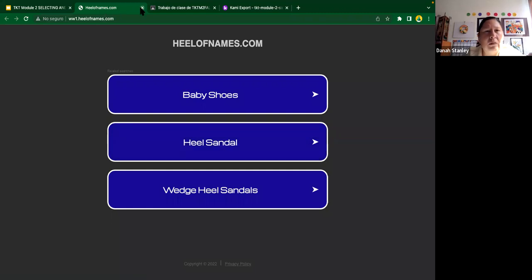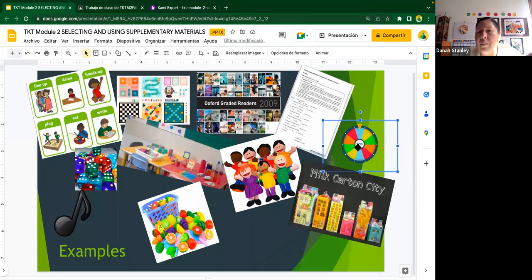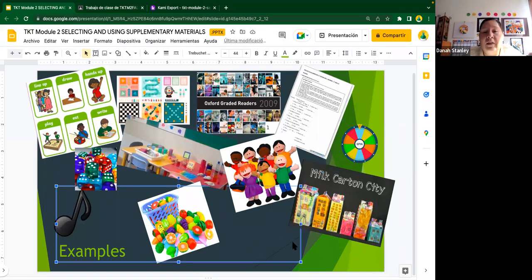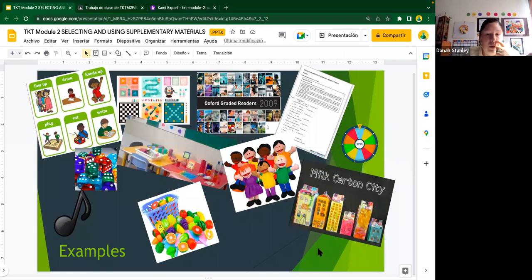No, esto no es. Quién sabe qué era, pero es un spin wheel. You write the names, or you write the questions. You click, it spins around and it stops, and you can make the question. So you can make it more creative and more attractive.